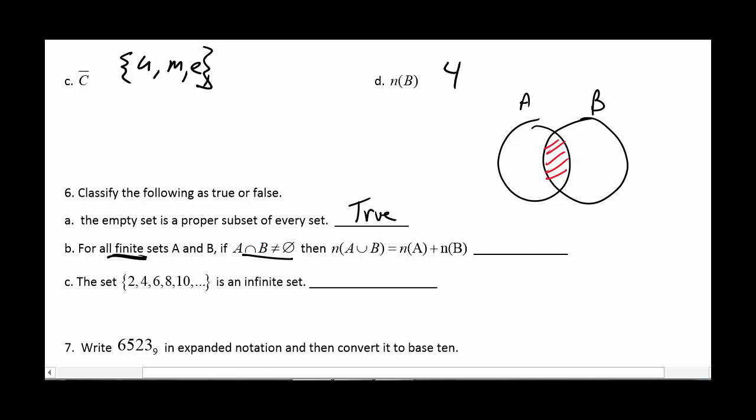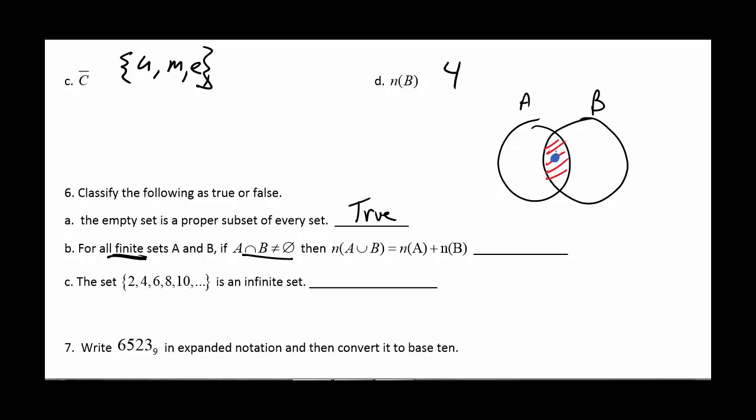So that's the intersection of that, and I'm told that there's something in it. So there is some element, some letter, some number, something that overlaps between the two sets. Okay. And the word finite simply means that there is a countable number of objects in A and a countable number of objects in B, which also tells me then that there's got to be a countable number of objects in the intersection.